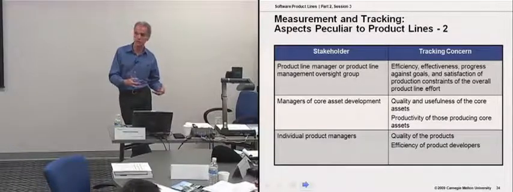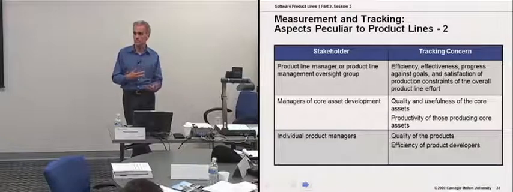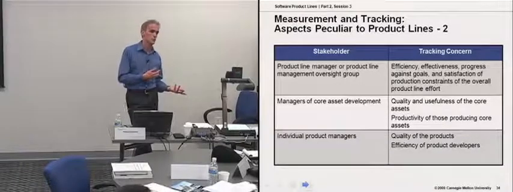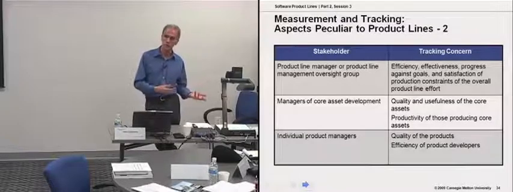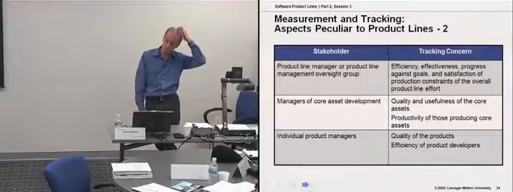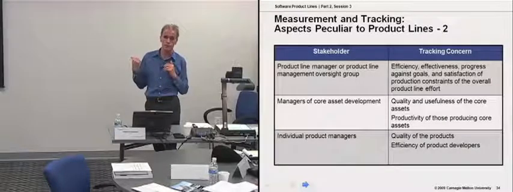But then within product development, you have to be able to determine whether or not a defect is attributable to a core asset that somehow escaped the quality checks in core asset development, or the defect is attributable to the product-specific part. And what's the efficiency of product developers?